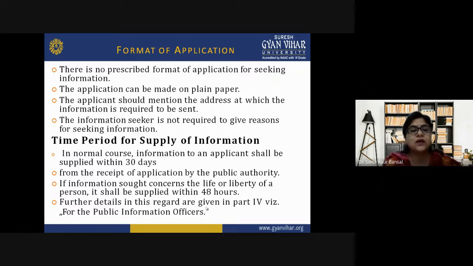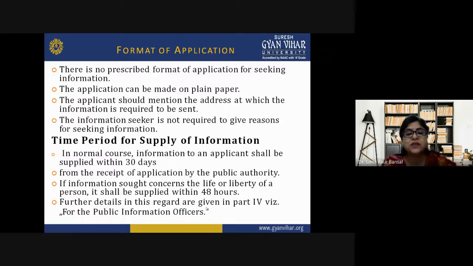Now, let's know about the time period for supply of information. In a normal course, information to an applicant shall be supplied within 30 days from the receipt of the application by the public authority.